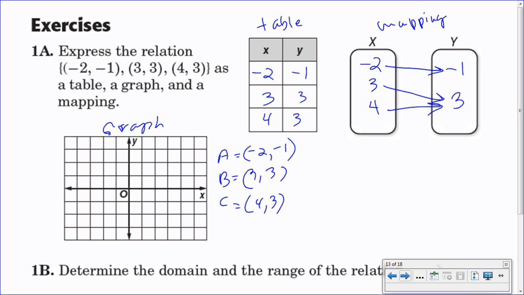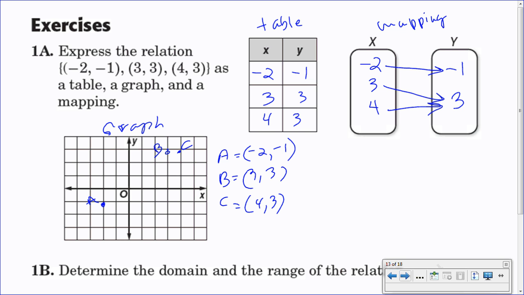We're just doing one at a time. The first number, start at 0, go left 2, down 1. Nice, and that's going to be A. Start at 0, go right 3, up 3, right there. B. Last one, right 4, up 3, right there, that becomes C.